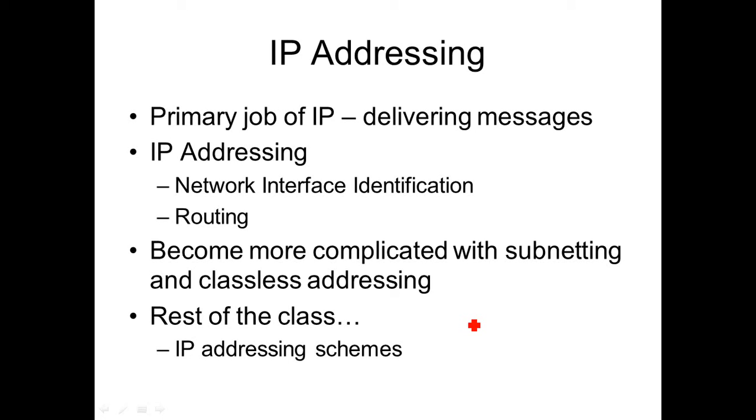For example, I want to identify a particular person by a name. If the person is a student, sometimes I identify by an enrollment number, when I call your roll number. So I give some number, and in this case also, when I give an IP address, I'm giving some number to identify a particular device.